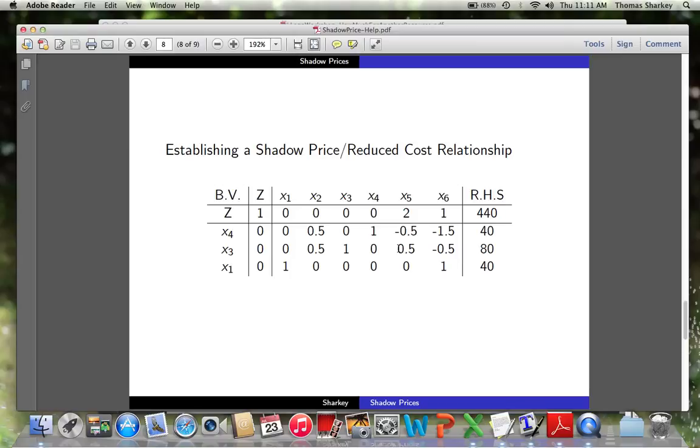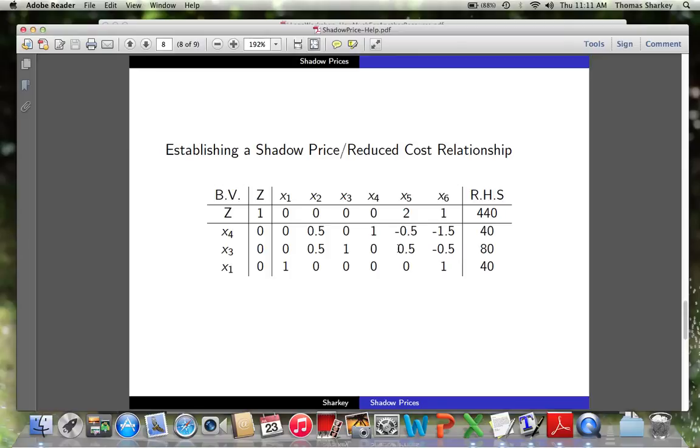I can figure out the shadow price for the big bricks by simply looking at the reduced cost of the slack variable associated with the big brick constraint. In this case, it's x5. The same thing happens for x6.